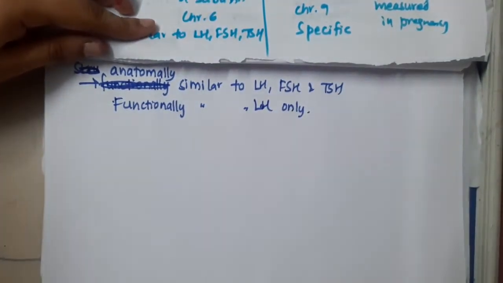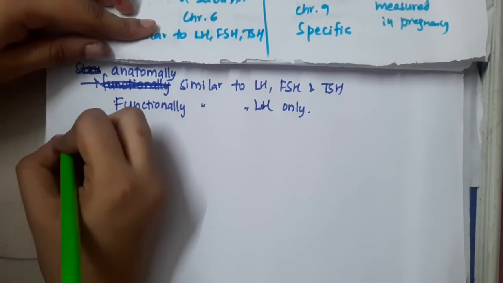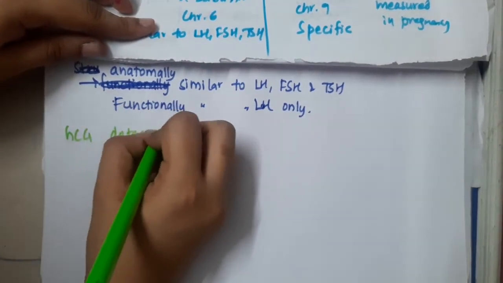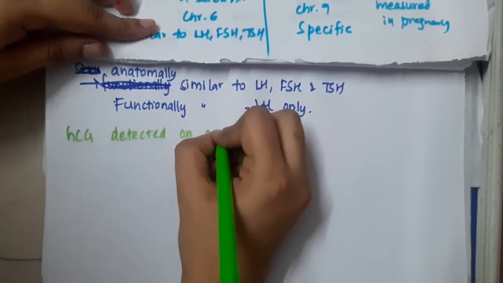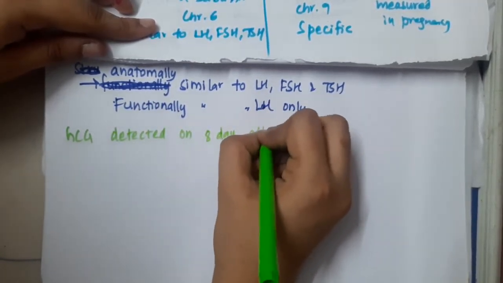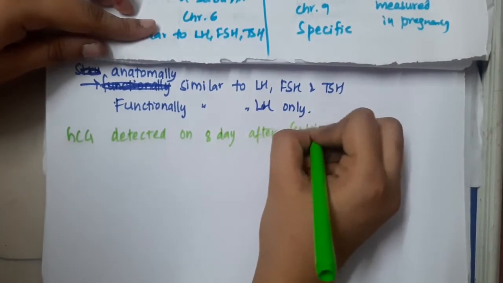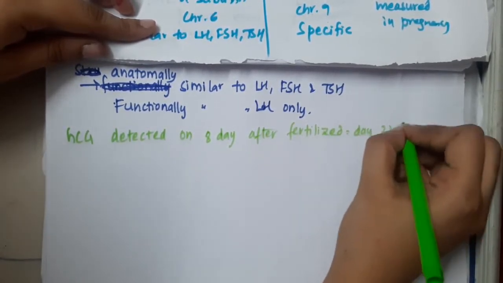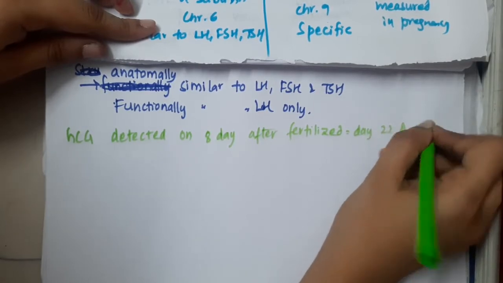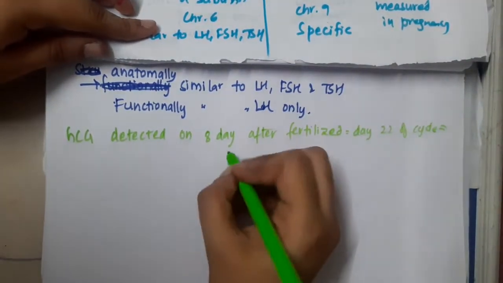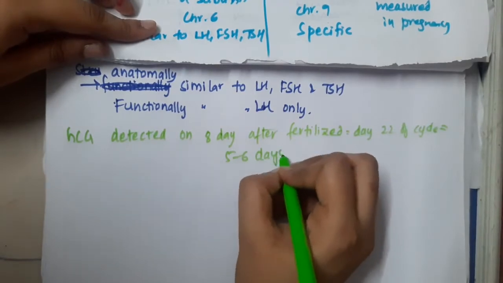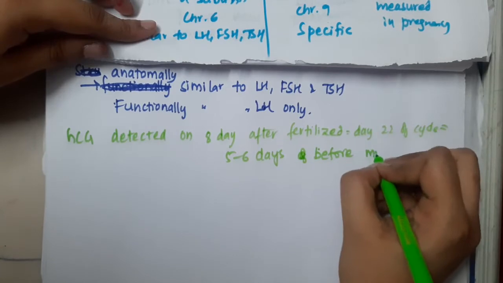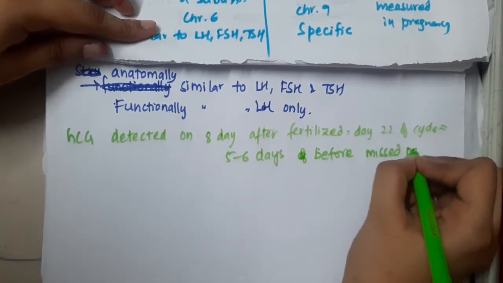If you see HCG detection, HCG is detected on 8th day after fertilization, that is equal to day 22 of cycle, that is equal to 5 to 6 days before missed period.